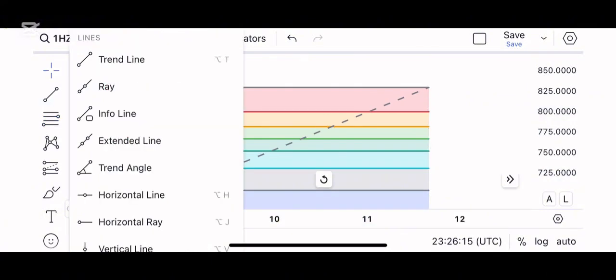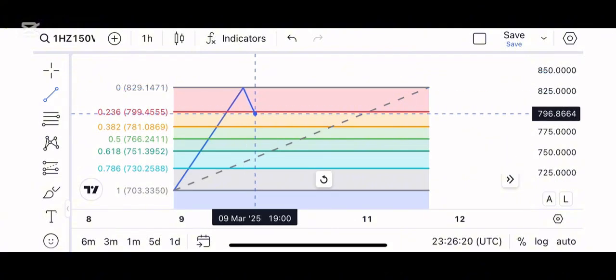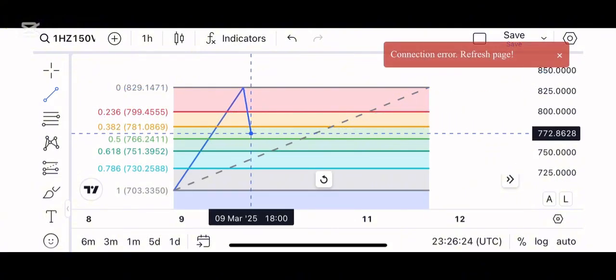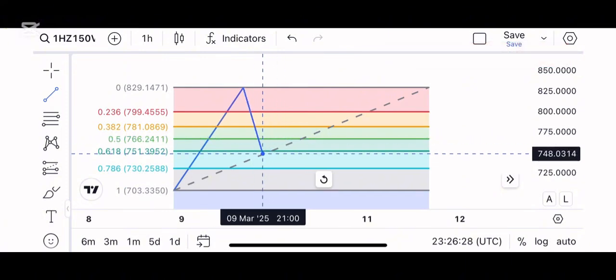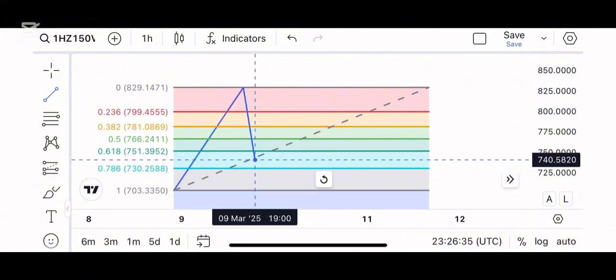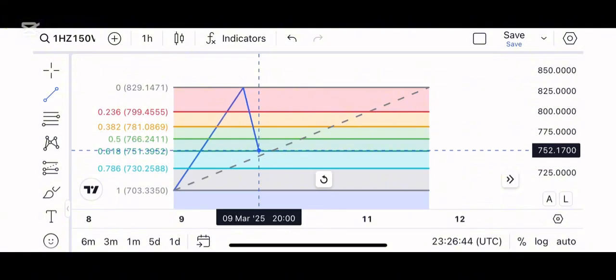So when price is retracing, coming down, what we want from price is to get to the 0.618 Fibonacci, but it should not touch the 0.786 Fibonacci, right? So we want price to touch the 61.8 Fibonacci, but should not touch the 0.786.